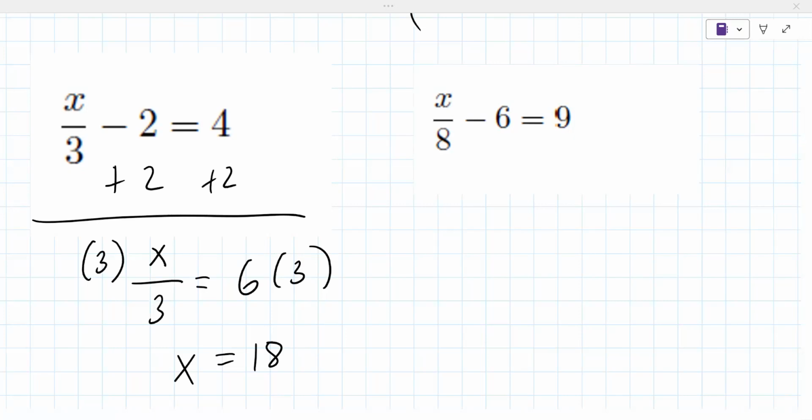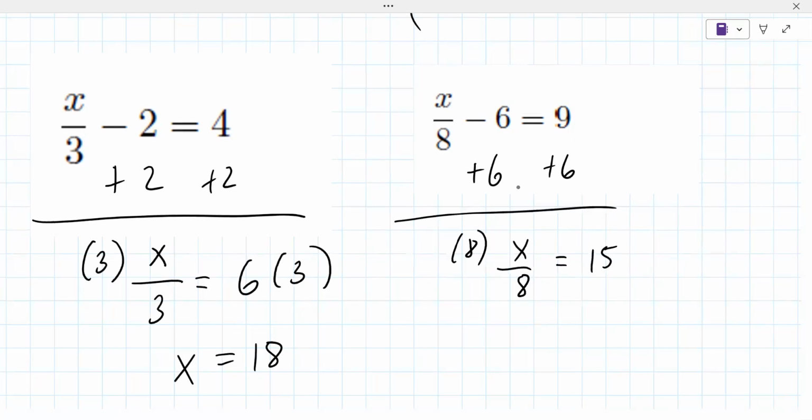X equals 120. So you add 6 to both sides. X over 8 equals 15. You multiply by 8. X equals 120.